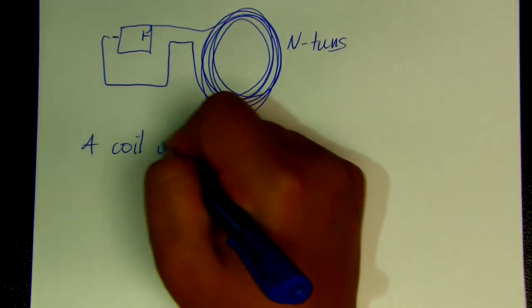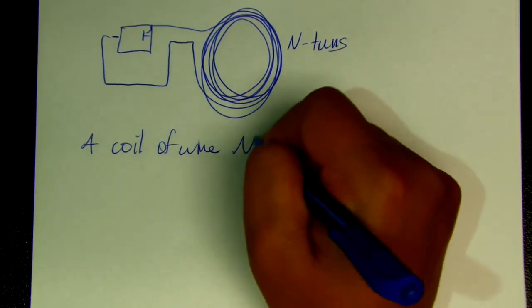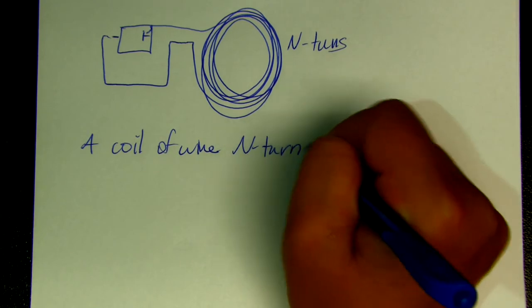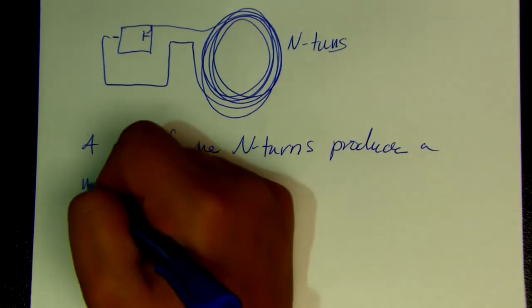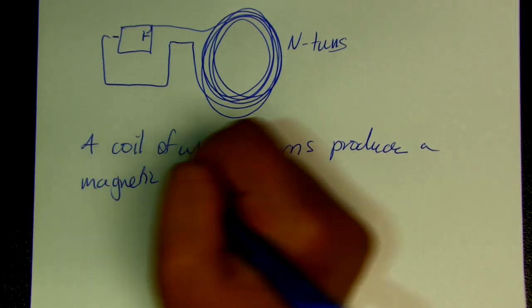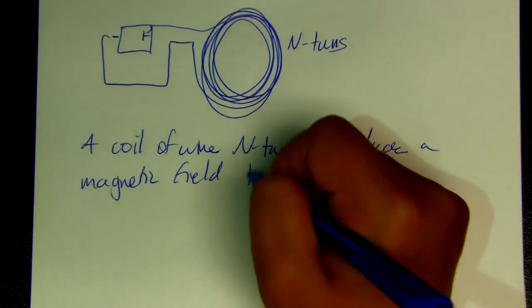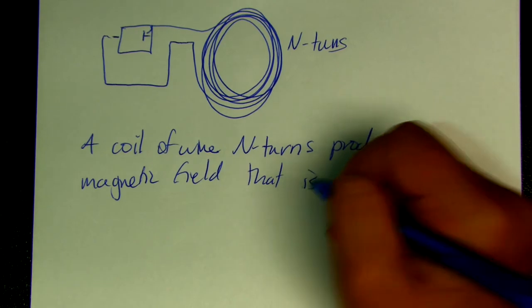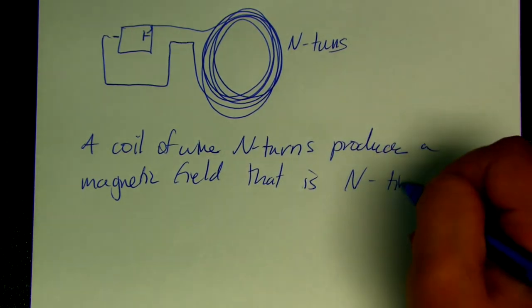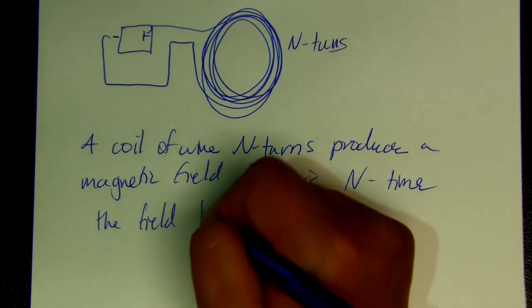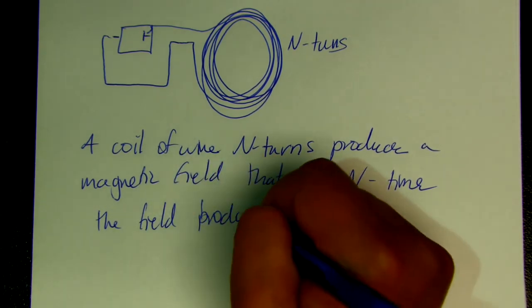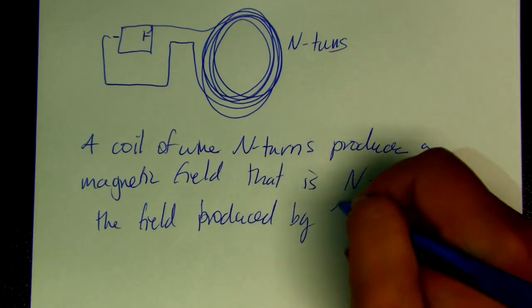A coil of wire with N turns produces a magnetic field that is N times the field produced by one turn, which makes sense conceptually.